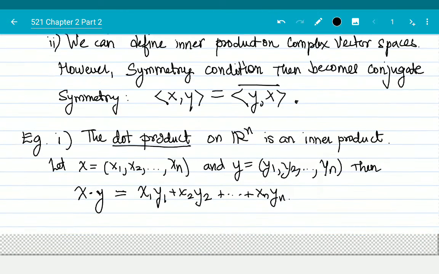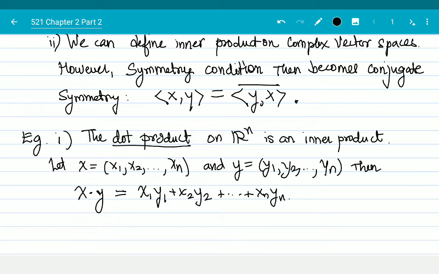This is the definition. You might have seen this before.